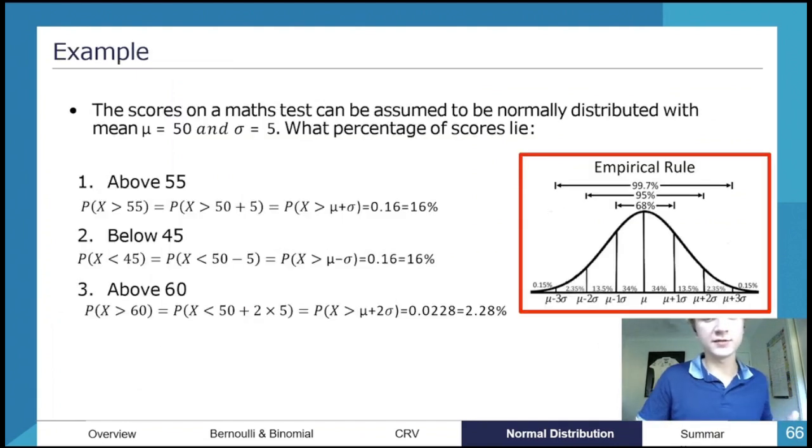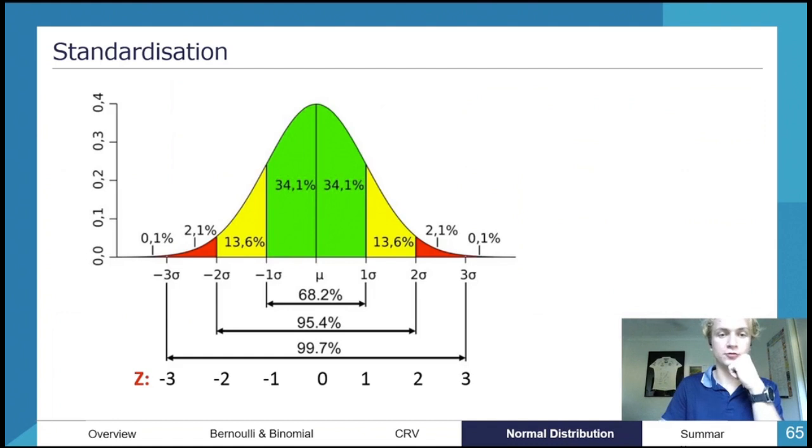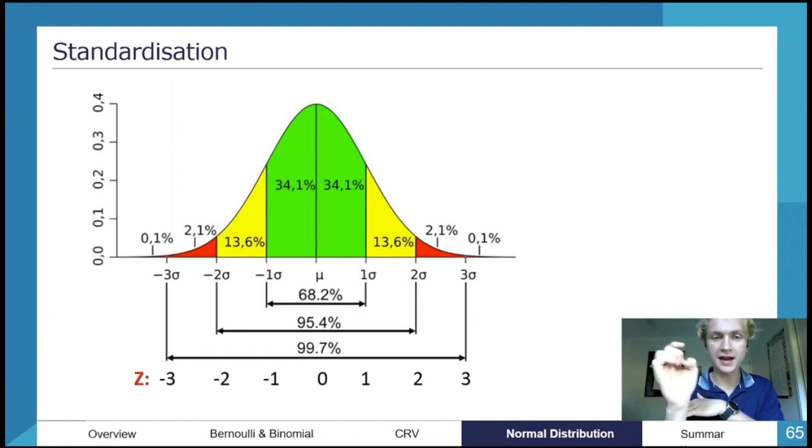So this is once again showing that empirical rule that you just have to memorize. I'm not going to repeat myself again. What we have are these different Z values, and Z is talking about how many standard deviations away from the mean it is.